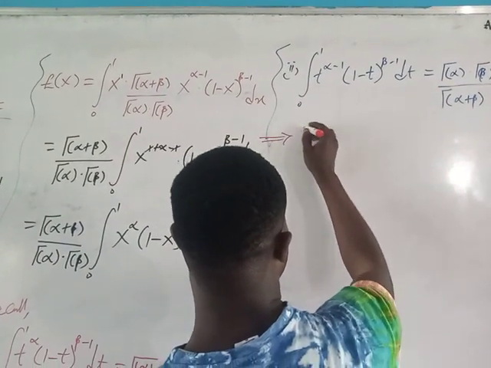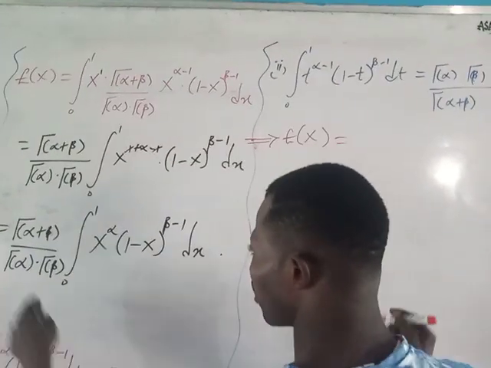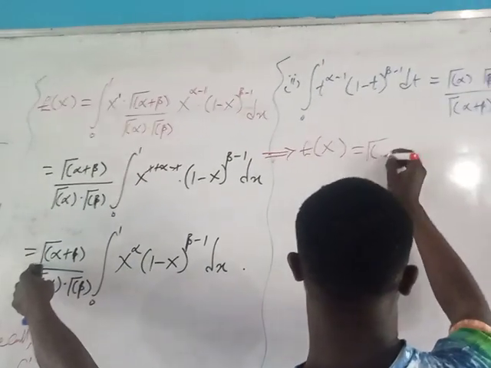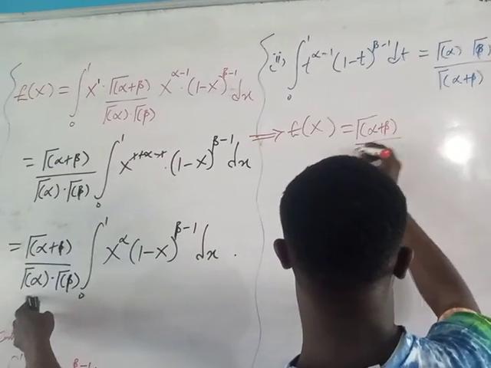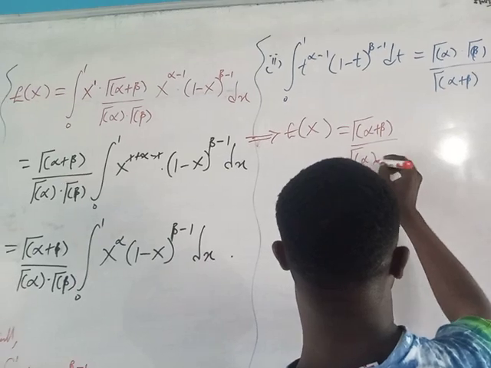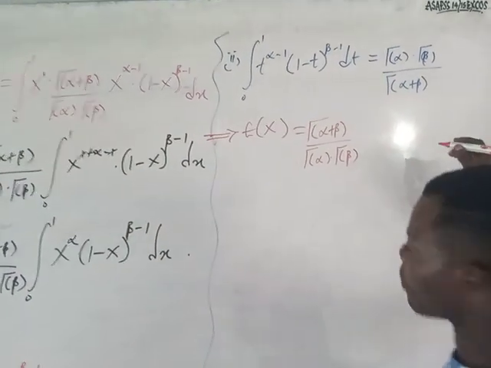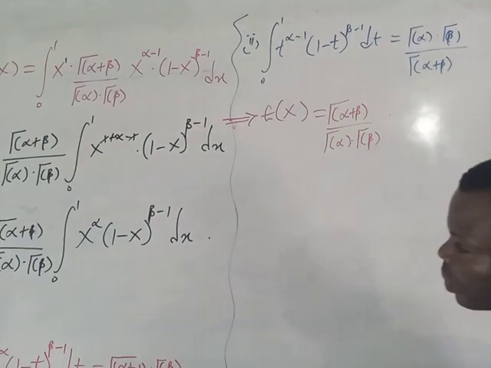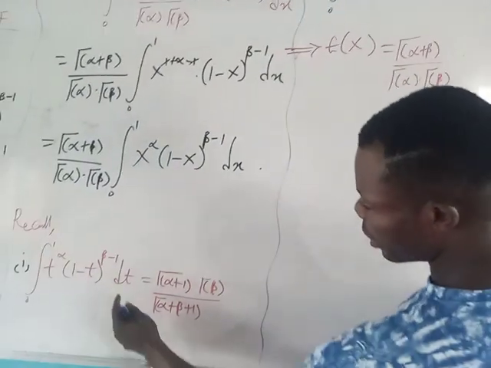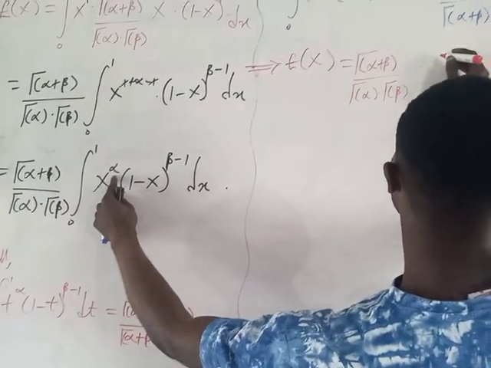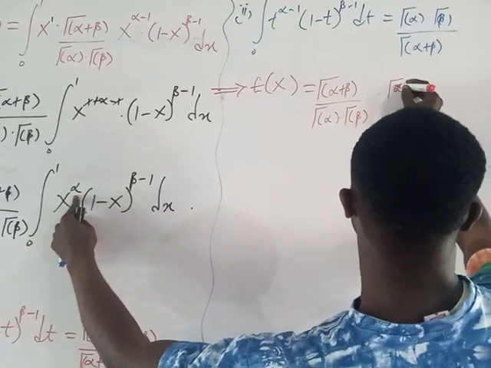It implies that the expected value of x is now gamma alpha plus beta all over gamma alpha times gamma beta times, based on the theorem, we add 1 to this, so it's going to be gamma alpha plus 1.